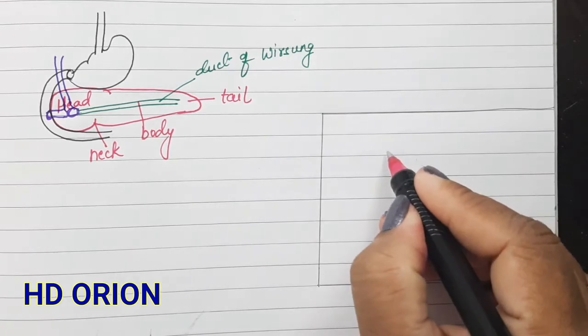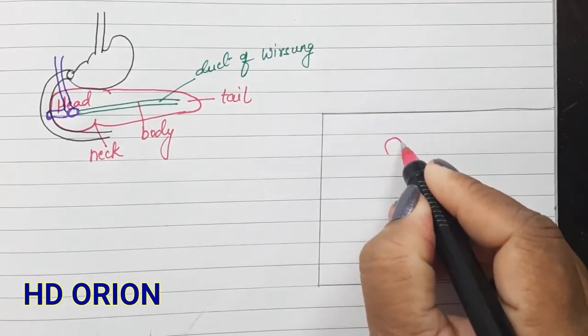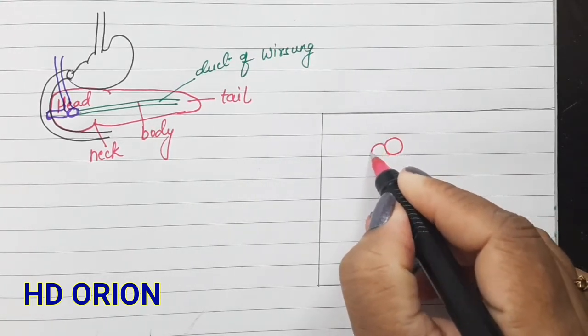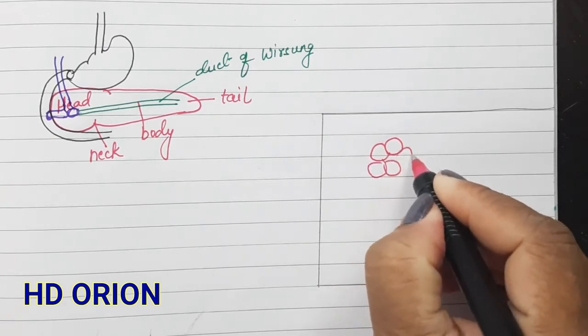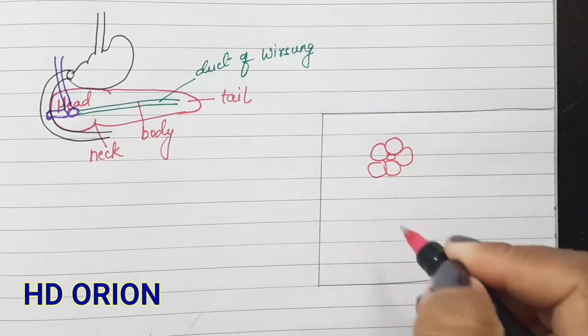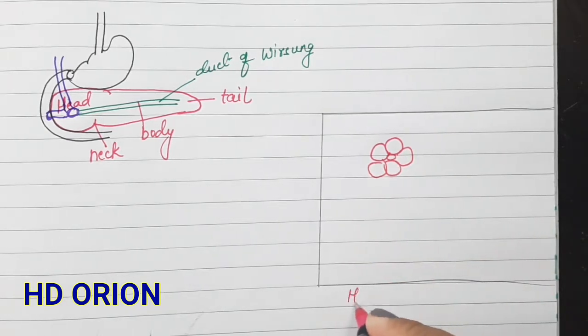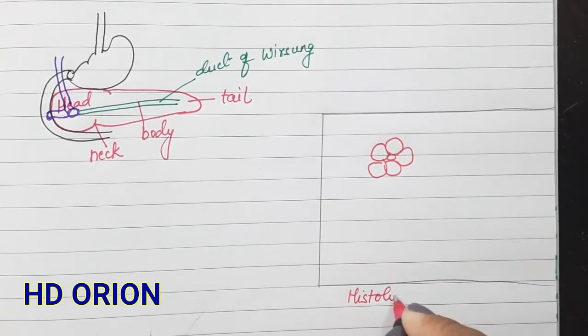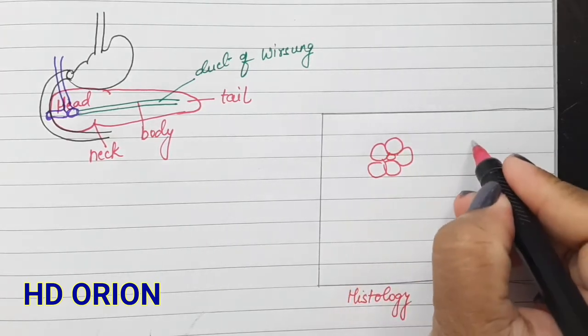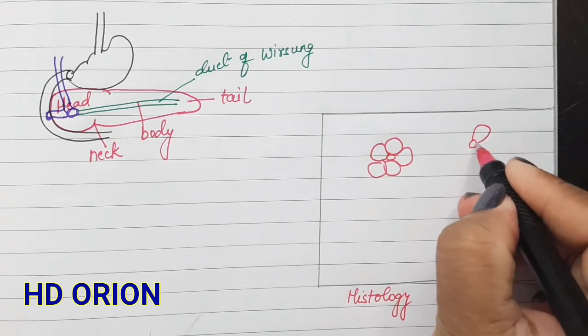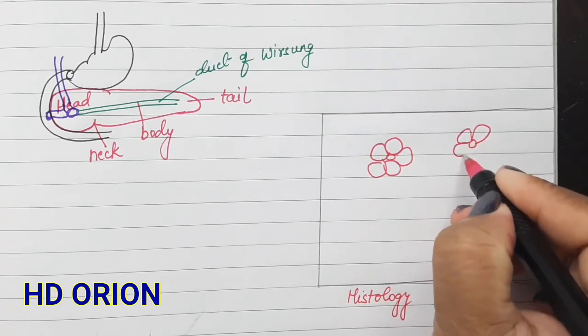So the acini cells are arranged as clusters inside the pancreas. What we are seeing right now is the histology. That means the arrangement of the cells in the pancreas. So these are the clusters of cells which are known as acini cells. The singular is acinus.